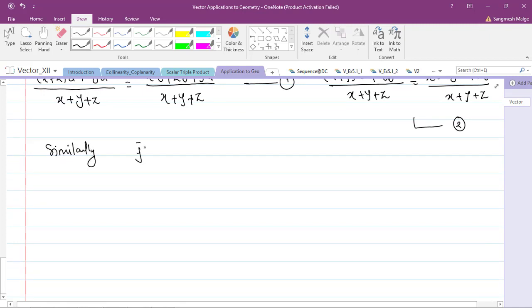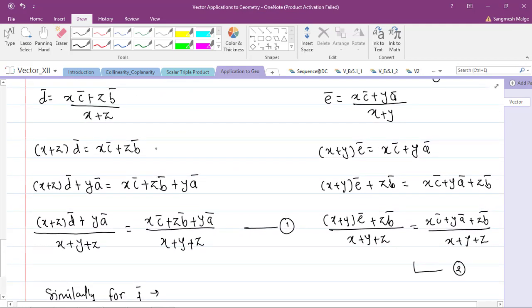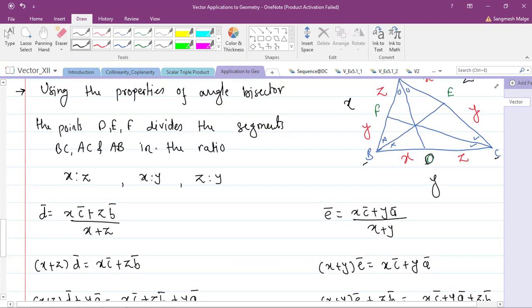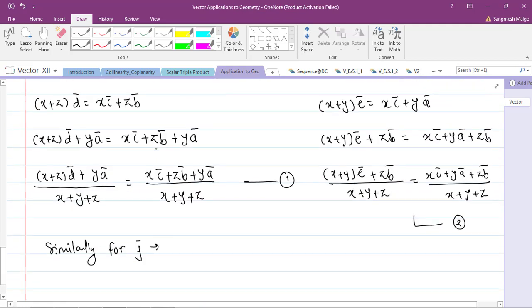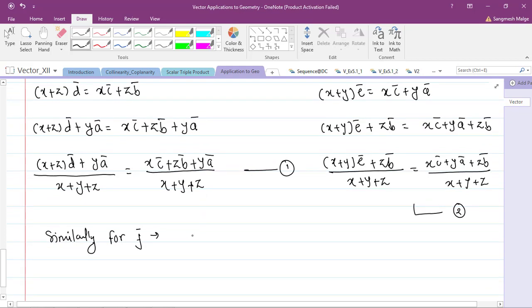f bar is equal to, for f bar, what you can write is, you will have z plus y f bar plus x.